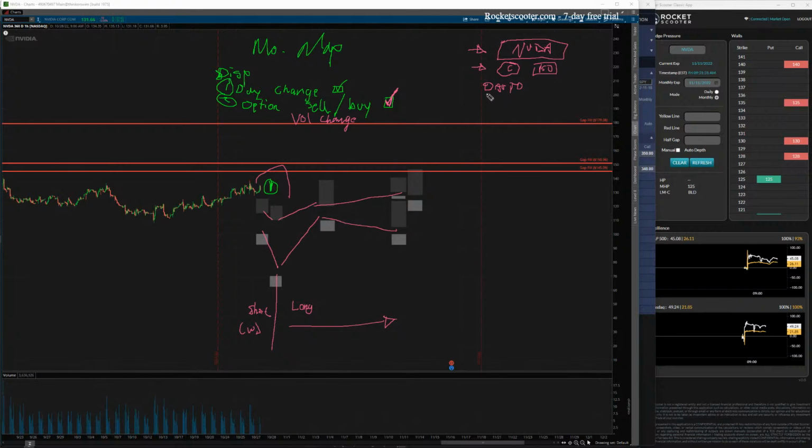Because I want to long calls at 150 on Nvidia, the algorithm will come over here and X out when it's a bad time to buy those calls. Give me a window that's the best time to get the best price.